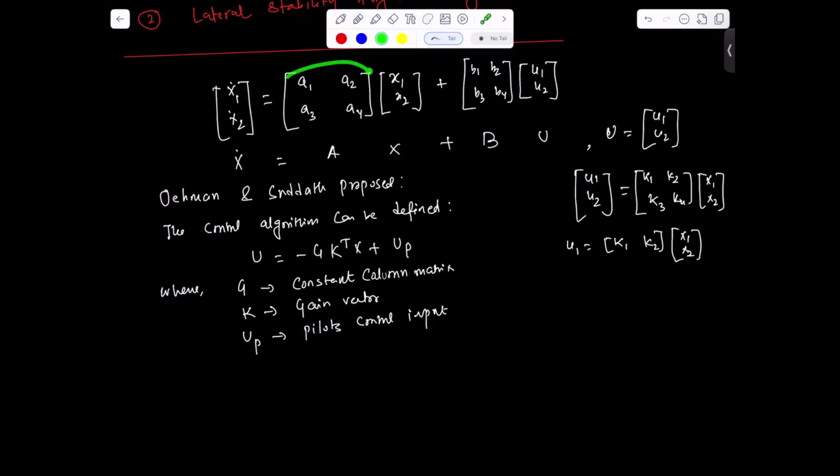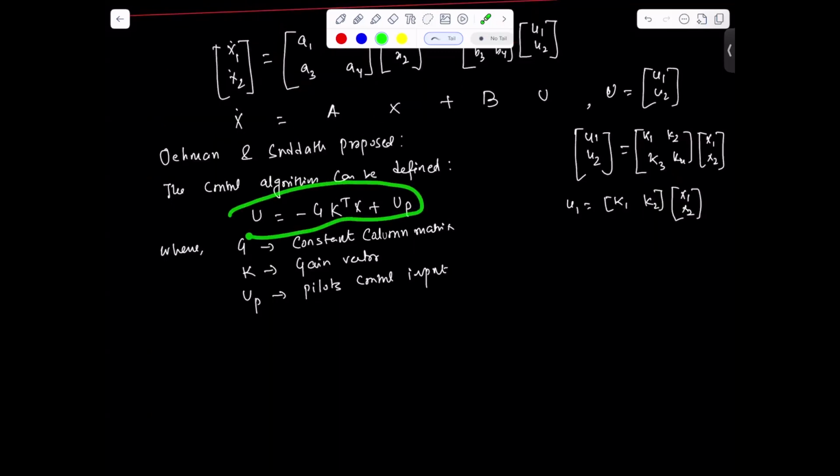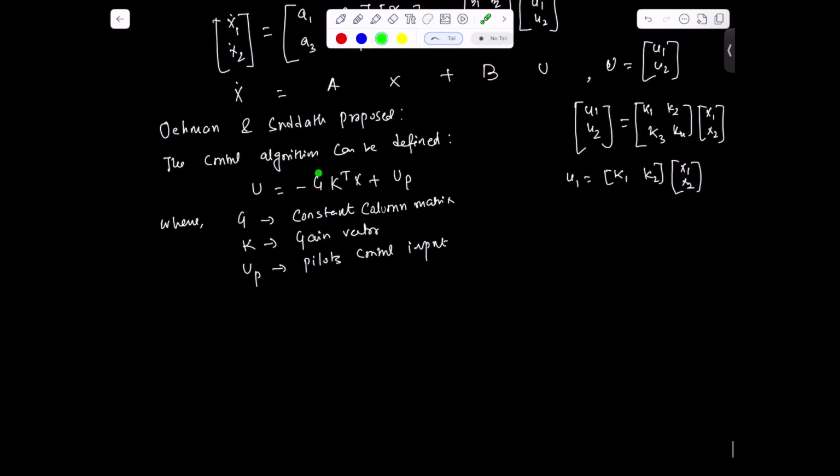The system is second order, but we need to find four control parameters. So it is quite challenging. Four unknowns, for a 2 by 2 system. To avoid this problem, our control algorithm has been modified in structure, where G is assumed to be a row vector and K transpose is the control matrix.